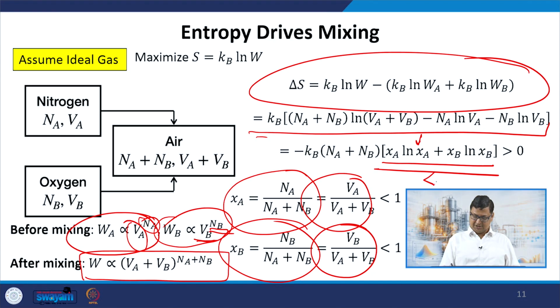But there is a negative sign appearing here, so delta S is positive. So entropy is increasing if they mix together, and therefore, at least for gases, they will always mix together. Of course, for every statement I make, there are certain limitations or points to be considered, and I will discuss those in the following classes.